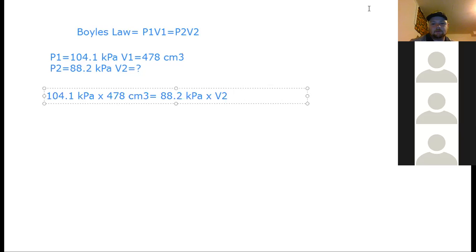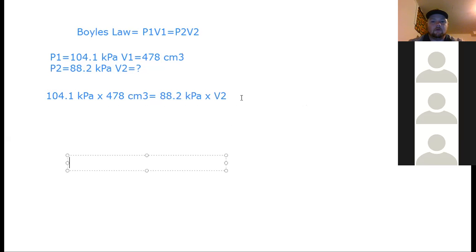Now using our sig figs, how many sig figs should this have? 3 sig figs, okay? And so this comes out to be 49,800. We won't put a unit on it yet, but just know that we will end up in centimeters cubed.